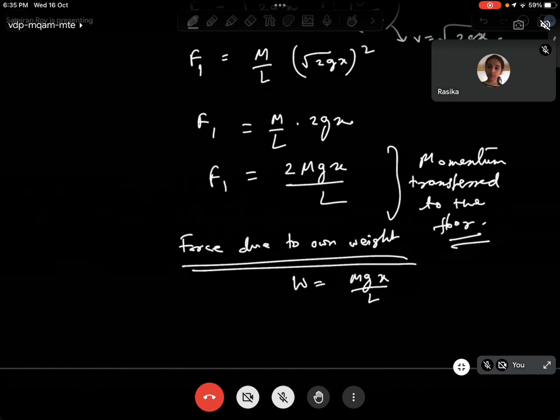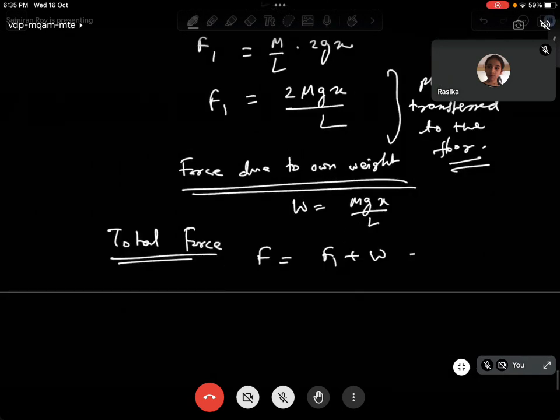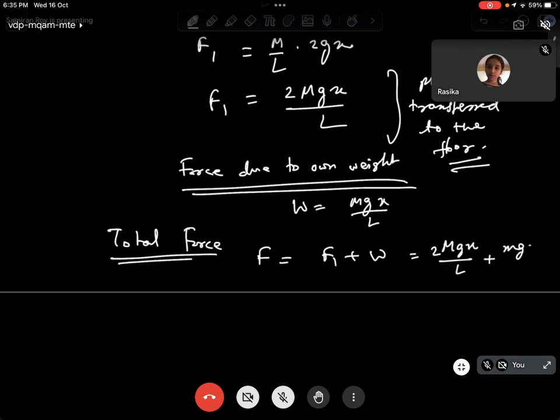So total force can be written as F1 plus W, which is equal to 2Mg x by L plus Mg x by L. Is that clear?